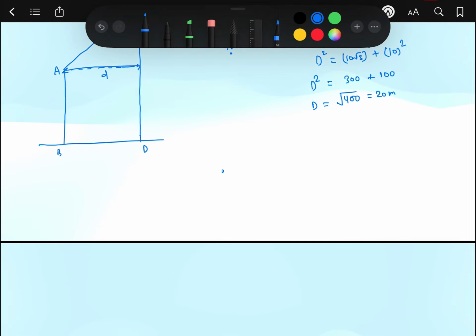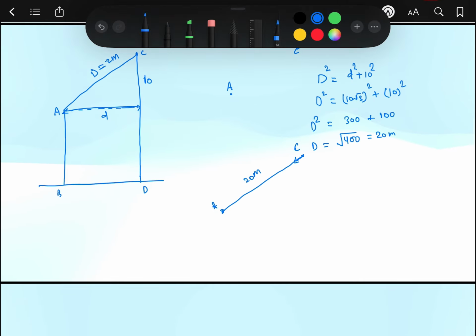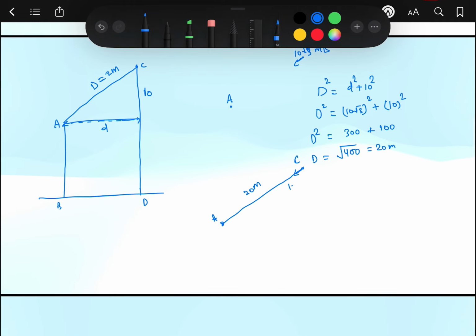Now this is our particle A, and the distance between particle A and particle C is 20 meters. And in the frame of reference of A, particle C is coming towards particle A with a speed of 10 root 3 meter per second.